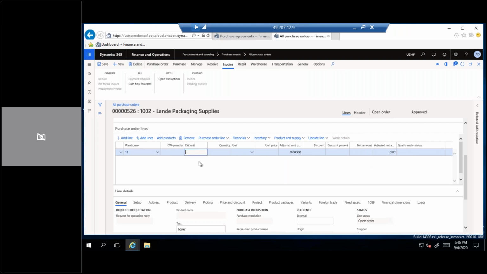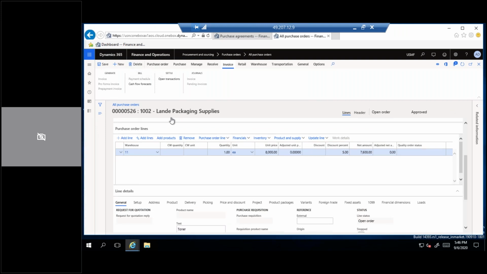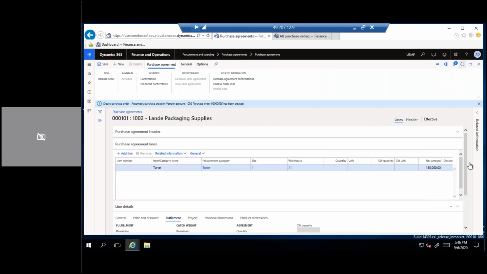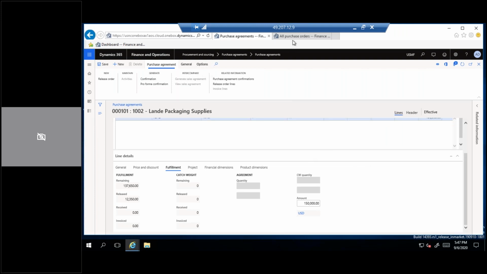If I enter site and warehouse, then automatically it will be filled. So the discount will be captured automatically. Understood? I have not entered the discount, it is populated automatically. Now if you refresh, it will show the amount included. Clear?